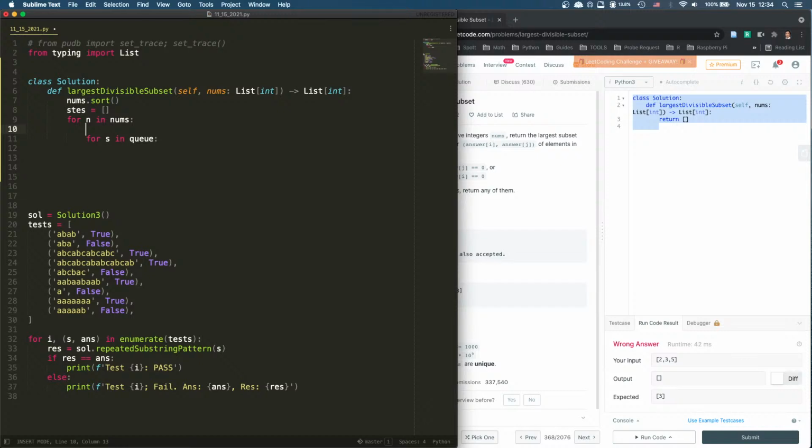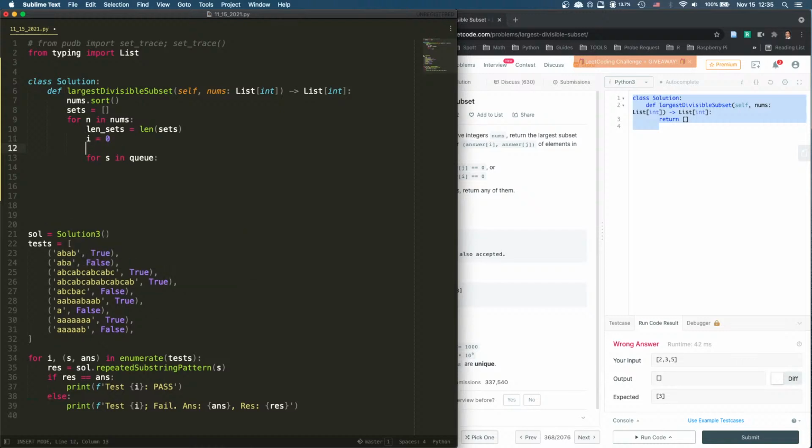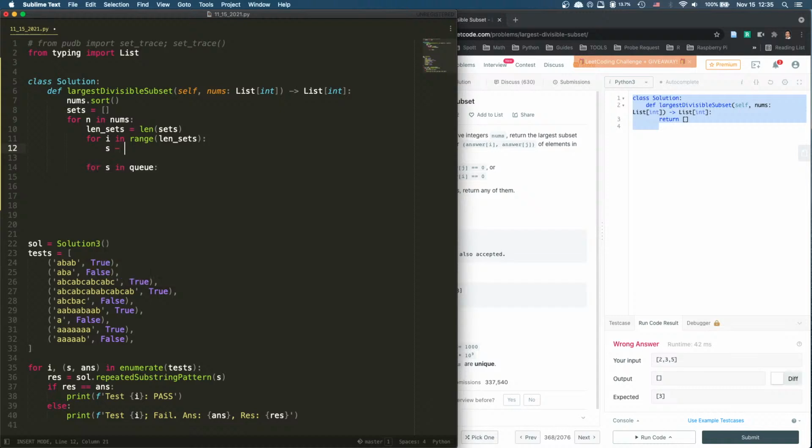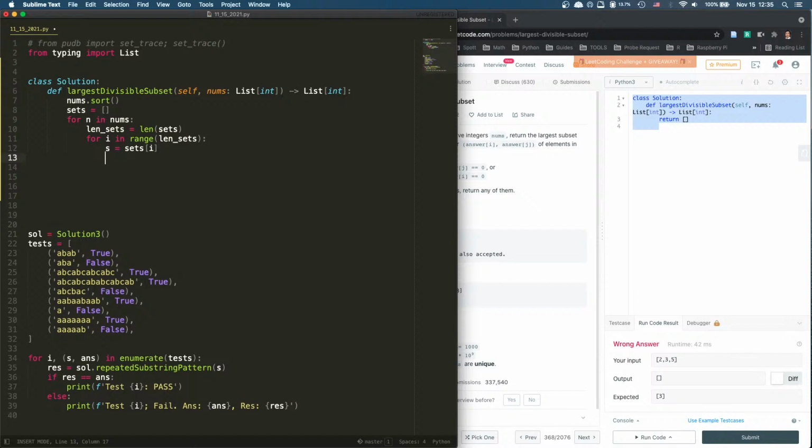Sets. We're gonna go length sets equals the current length of sets. And we say for i in range of length sets, then s equals sets[i]. Now I have the set. Now I'm going to go from the back to the front and find the first one that n can divide.